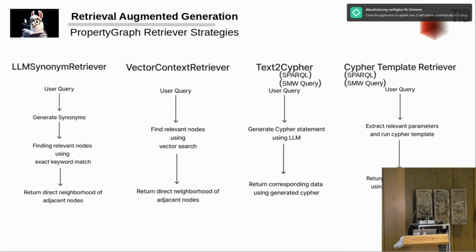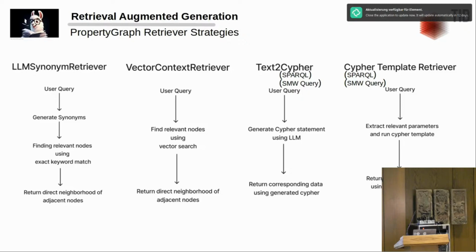If we look at the Wikibase retrieval methods, so how do we retrieve data or chunks out of the Wikibase? We could use some of the existing methods from llamaIndex, for example, the synonym retriever. So if the user states a question, we try to generate synonyms out of this text and find relevant nodes using keyword match, and then use the neighbor nodes as relevant nodes to create our answer out of that.